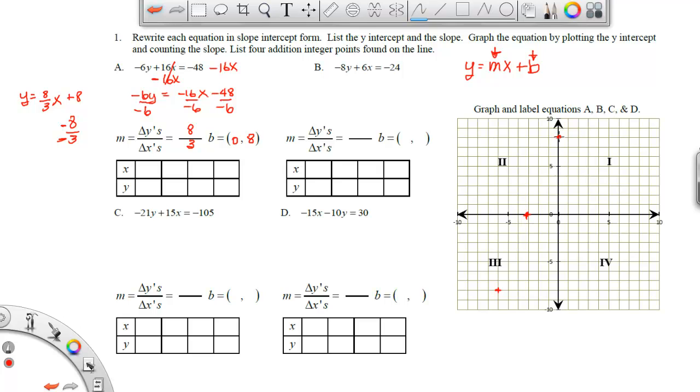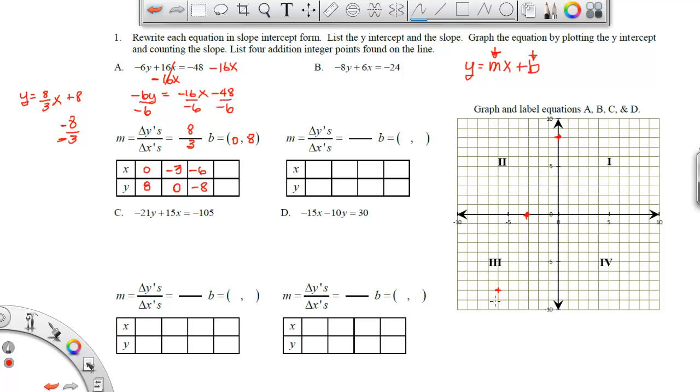So on this line I can actually see 3 points. Well, let's list those 3. We've got 0 and 8. This point here is the x-intercept, so that looks like that is a negative 3 and 0. And this point down here looks like a negative 6 and a negative 8.